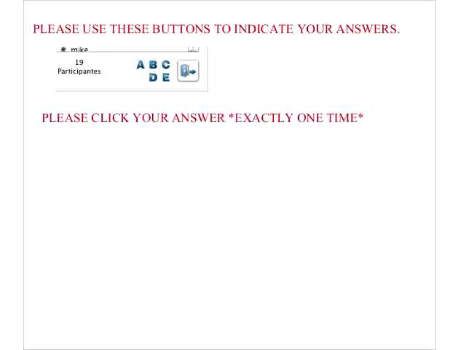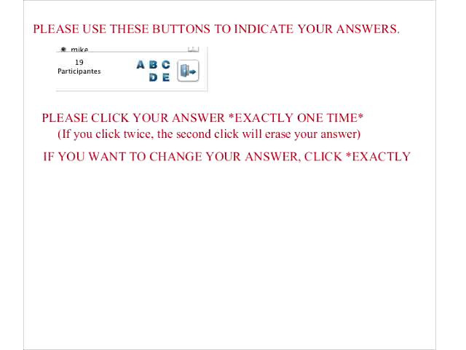Because if you click twice, or if you click any other even number of times, then the second click will erase your answer. If you want to change your answer, then please click exactly one time on the new answer.